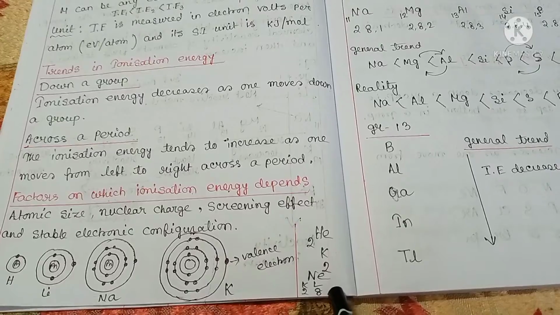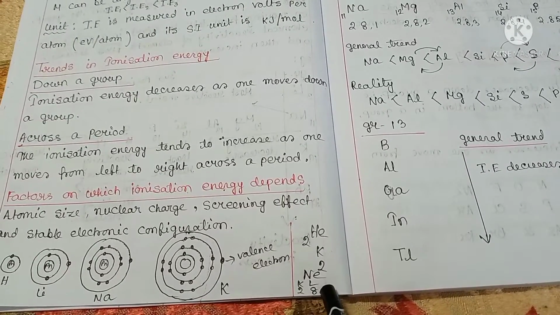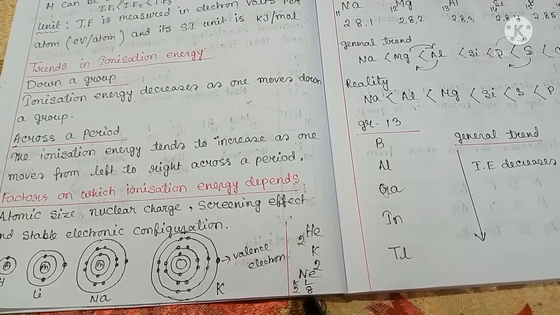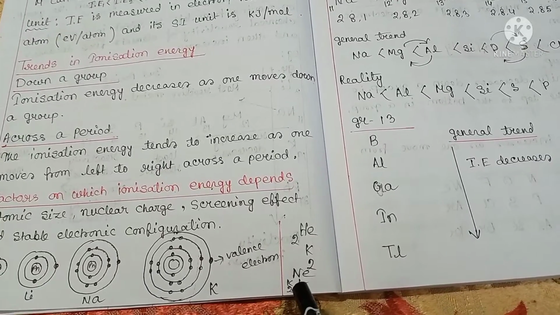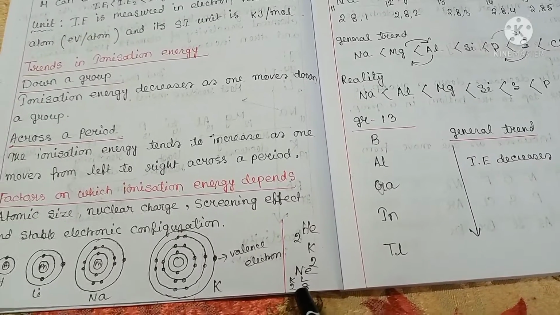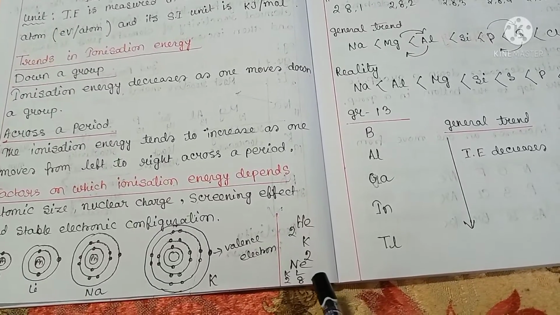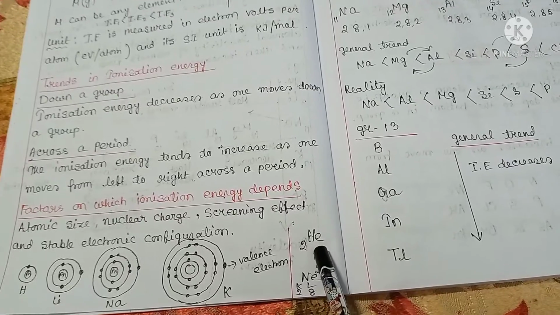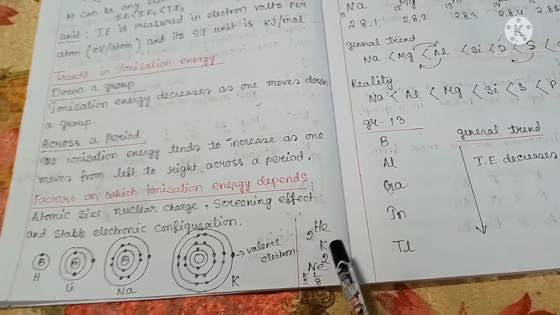Therefore, the elements or ions already having the stable electronic configuration do not want to lose electrons. Hence, elements or ions with stable configuration have a high value of first ionization energy. Means helium will have the highest ionization energy.